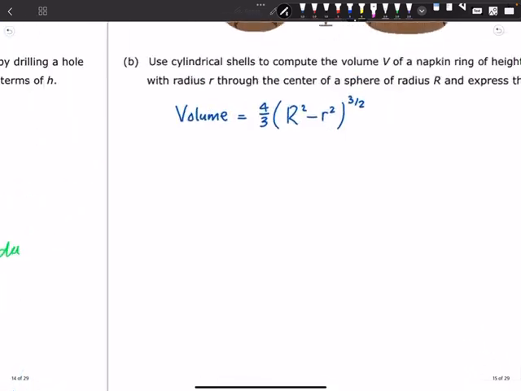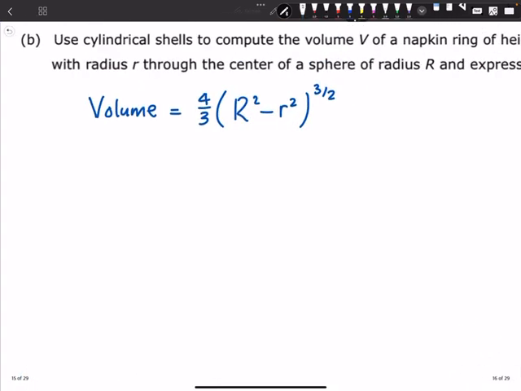So I'm just going to redraw this little triangle for you. We had little r, and then we had this height, and then we had our hypotenuse. So this was little r, this was big R, and again this height was 3h/2.